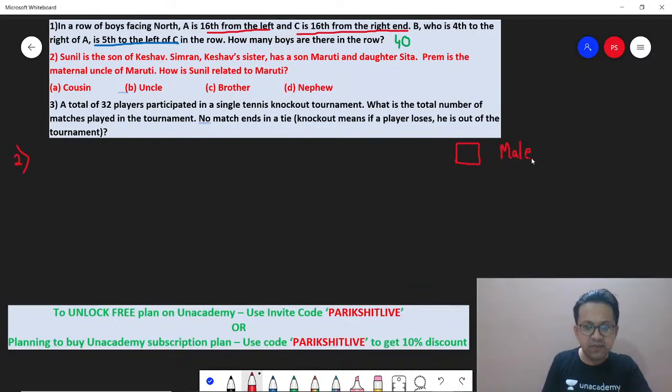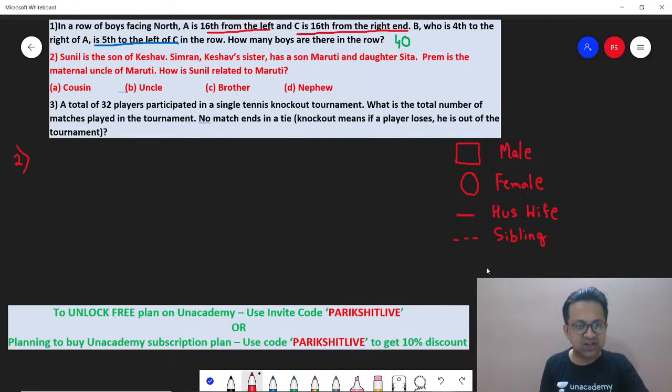A circle represents female. A solid line would represent a husband-wife pair. And a dotted line would represent a sibling relationship. What is a sibling? Sibling is brother, brother, brother, sister, sister, brother.